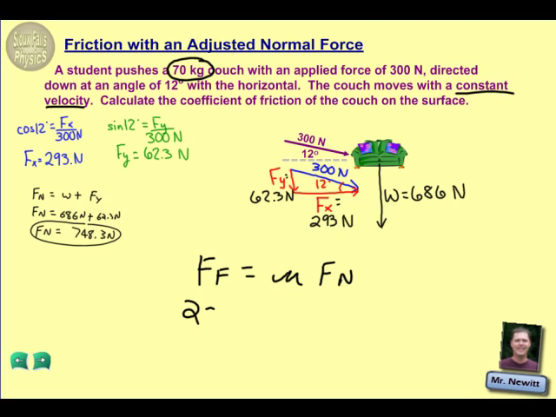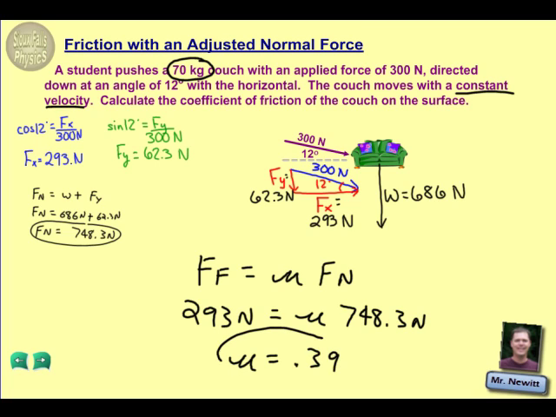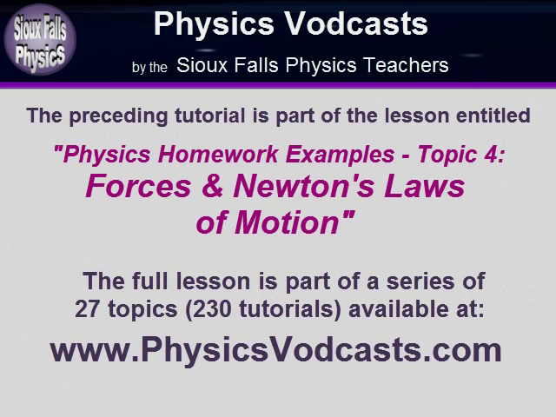So our frictional force is equal to 293 newtons. We're trying to find the coefficient of friction then, and the normal force that we calculated a minute ago, 748.3. And solving for mu, we get a coefficient of friction of 0.39.